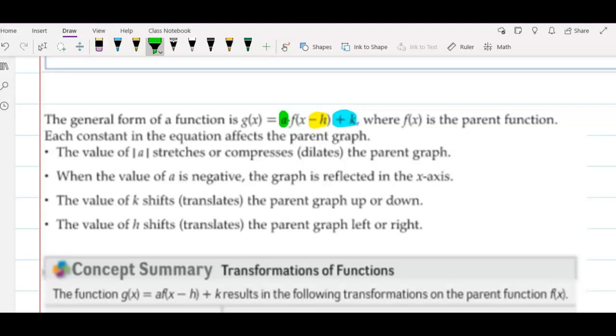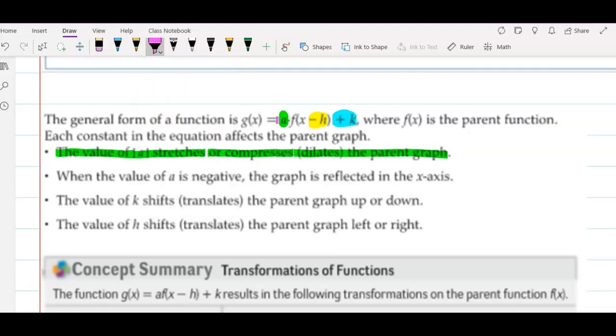So if the value of a is greater than 1, it's going to stretch the parent function. And if the value of a is between 0 and 1, it's going to compress the parent function. So it's going to change the shape of the parent function graph. If a is negative, it's going to reflect over the x-axis.